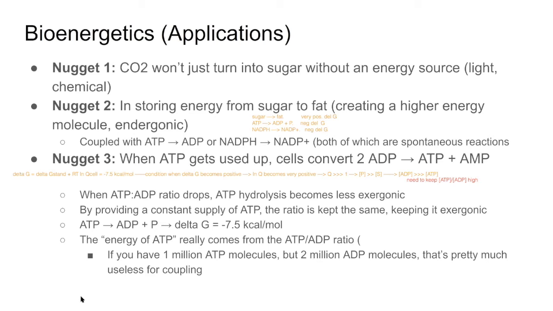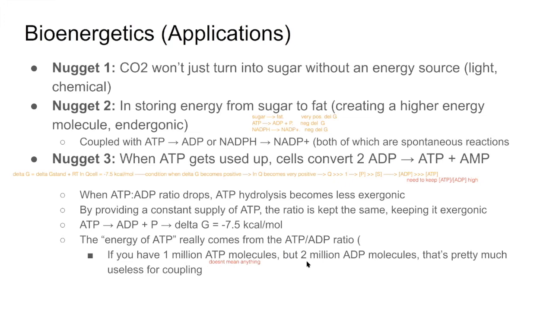So that's why Rainer Heiden loves to ask you, what is the energy state of the cell? If you say I have 1 million ATP molecules, that doesn't necessarily mean anything without context.